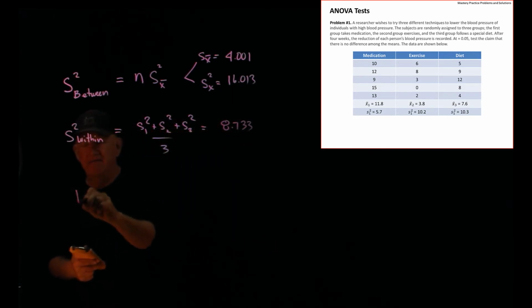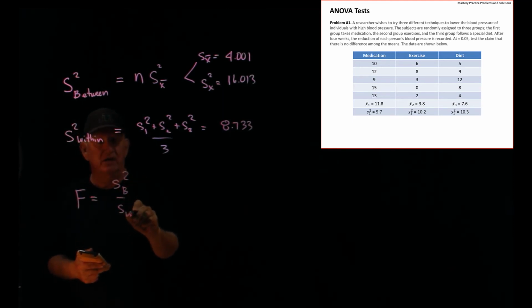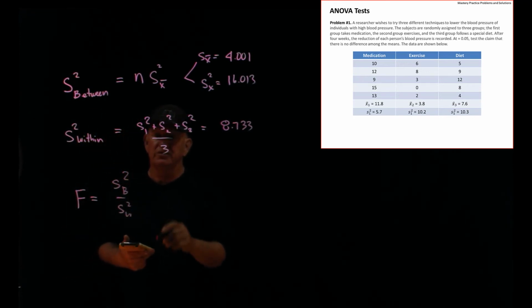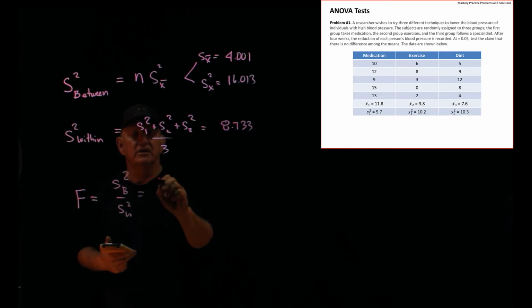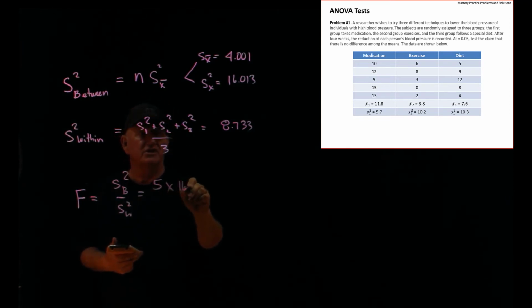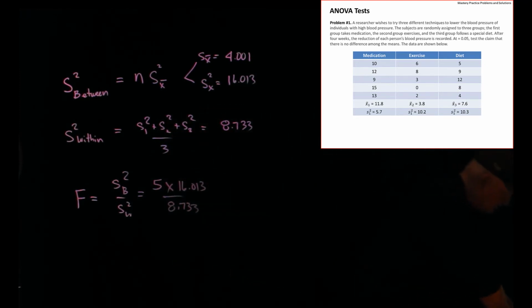So the F statistic that we're looking for is S squared between over S squared within, and that is going to be 5, there's the 5, times 16.013, all divided by 8.733, and we're getting very close to finishing this problem.